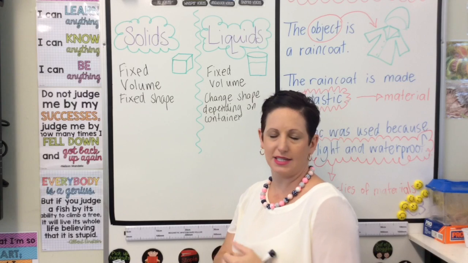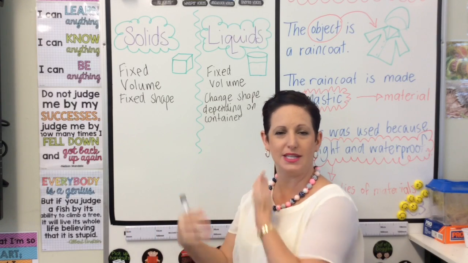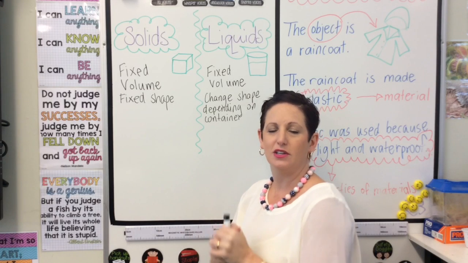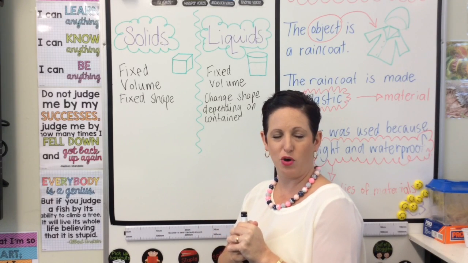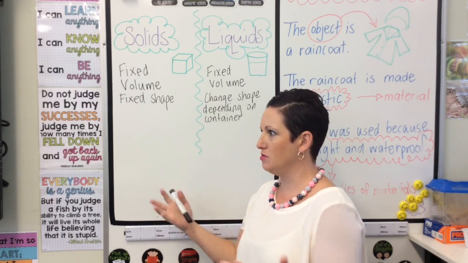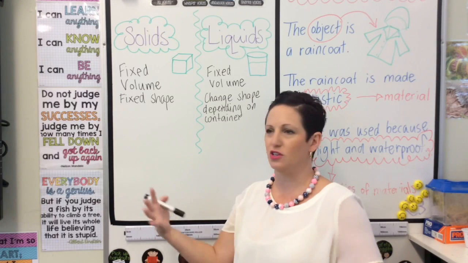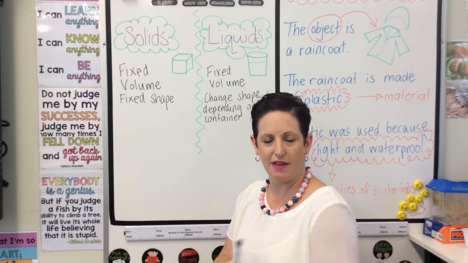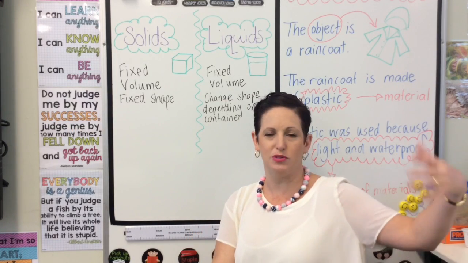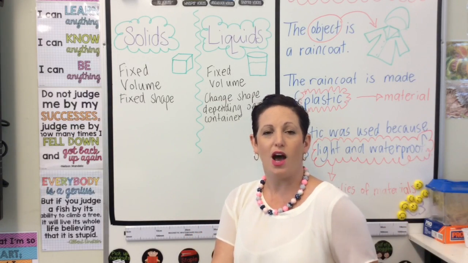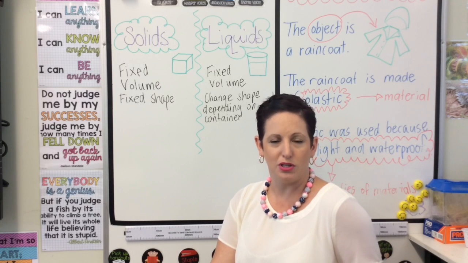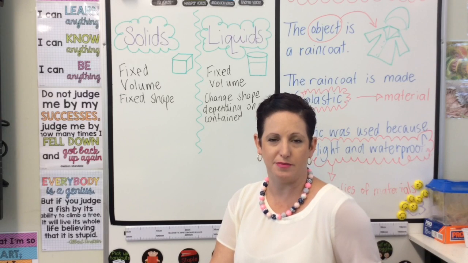Now another thing that we need to consider between solids and liquids is the way that the molecular structure of those items are situated. What I mean is that all things around us, a pen, a board, a poster, a TV, us, tables, water, are all made up of atoms or molecules, which is a group of atoms.